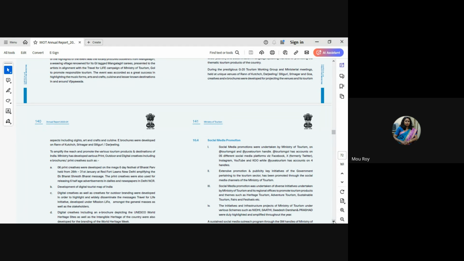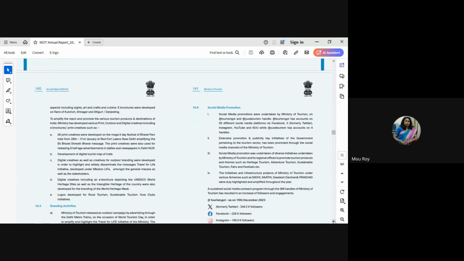When we talk about social media promotion, that is also undertaken by the Ministry of Tourism. You have handles like Tourism Government of India, Yuva Tourism, on platforms like Facebook, Twitter, Instagram. You can always visit and have a look, because new projects and schemes are being uploaded, especially the initiatives and infrastructure projects of the Ministry of Tourism under various schemes, as I told you, Swadesh Darshan, Prashad, and others like Nidhi, Saathi.